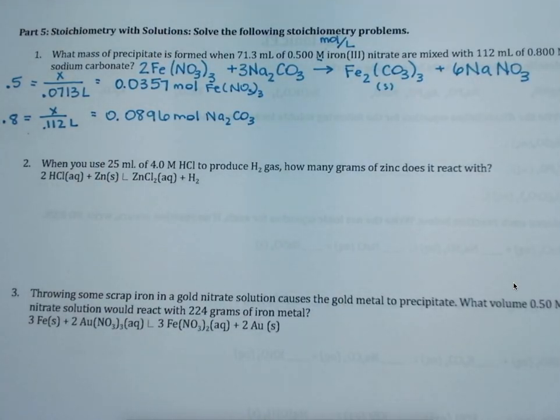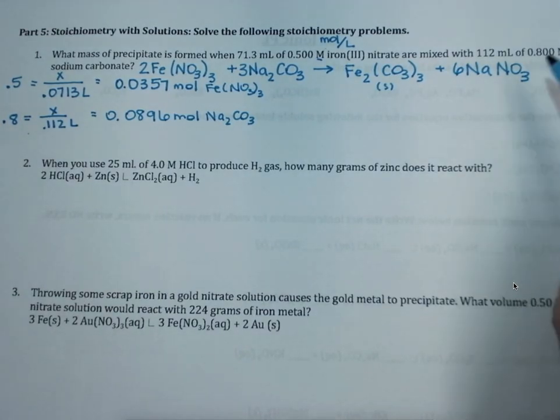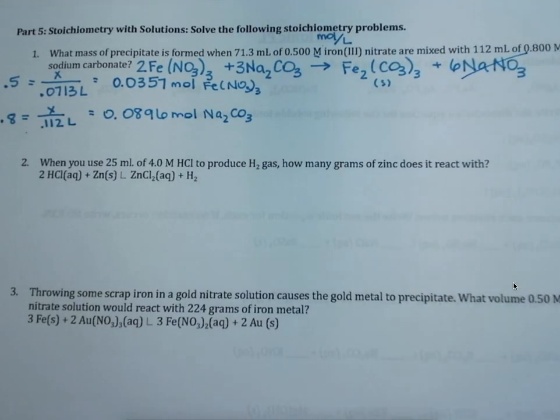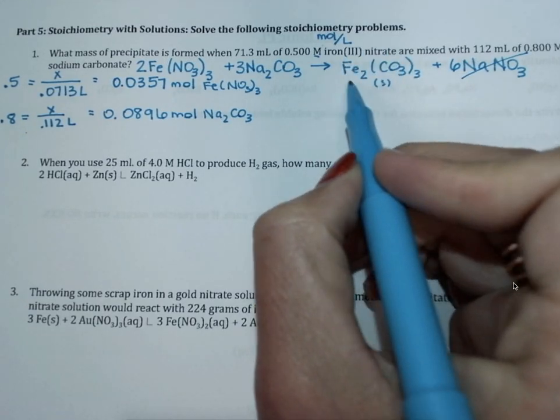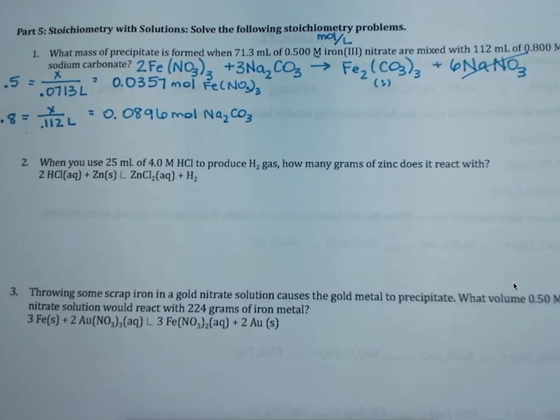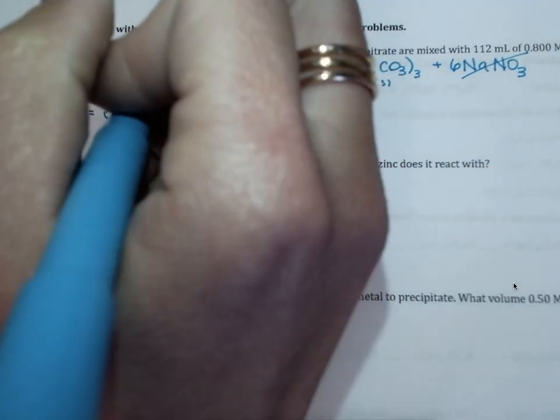Now that I have moles, now I can do stoichiometry, and I want the mass of precipitate. So I know that the sodium nitrate, that's aqueous. That's not my precipitate, right? I want the mass of the iron 3 carbonate. And so 2 givens, right, 2 T-charts, 2 answers, like any limiting reactant problem, and then we're going to pick the smaller answer.